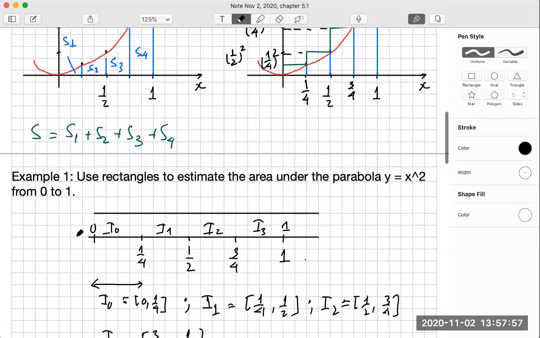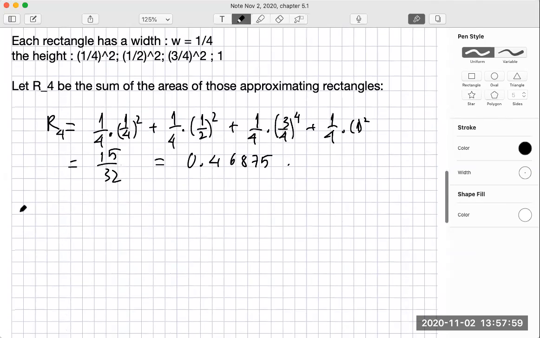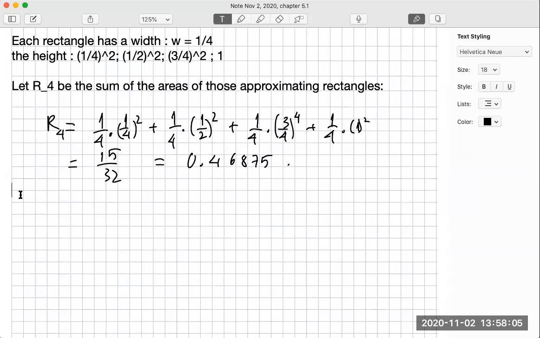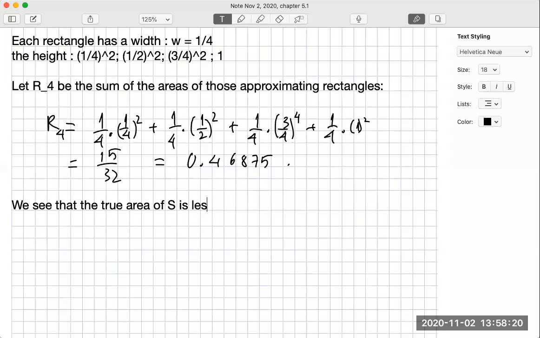Therefore, very good. So we see that the true area of S is less than R4, right?